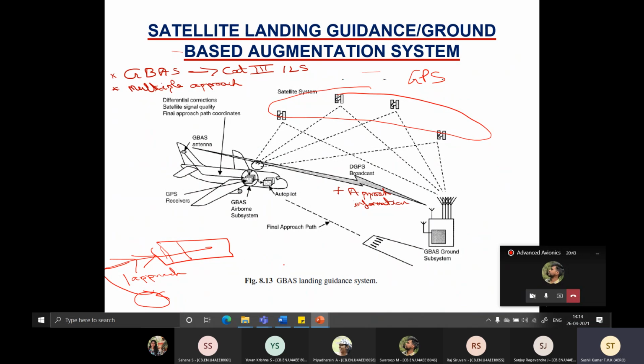So we want a system in which, instead of just one approach, we can have multiple approaches, and it has to be done using GPS. Now, Sarup, any suggestions how it can be implemented? Are you getting the point? What it is expected to do?